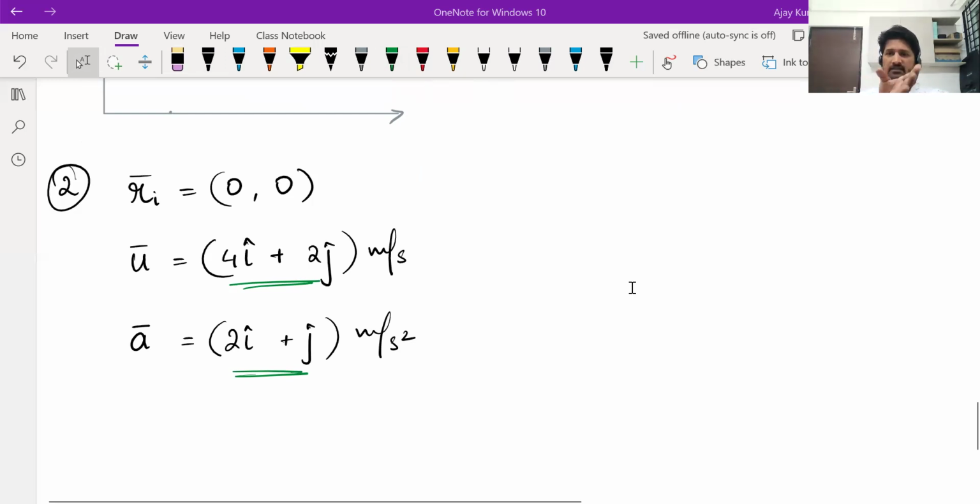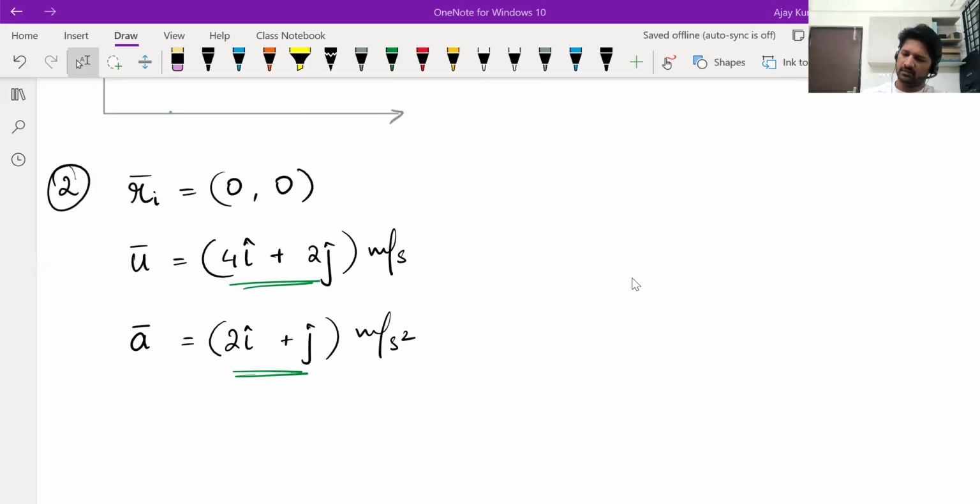See, velocity has components 4 and 2. Acceleration has components 2 and 1. It's like velocity is twice of acceleration. As a vector, actually you can never say a velocity is twice of an acceleration. But just the vector part, if you observe, velocity vector is 2 times the acceleration vector.